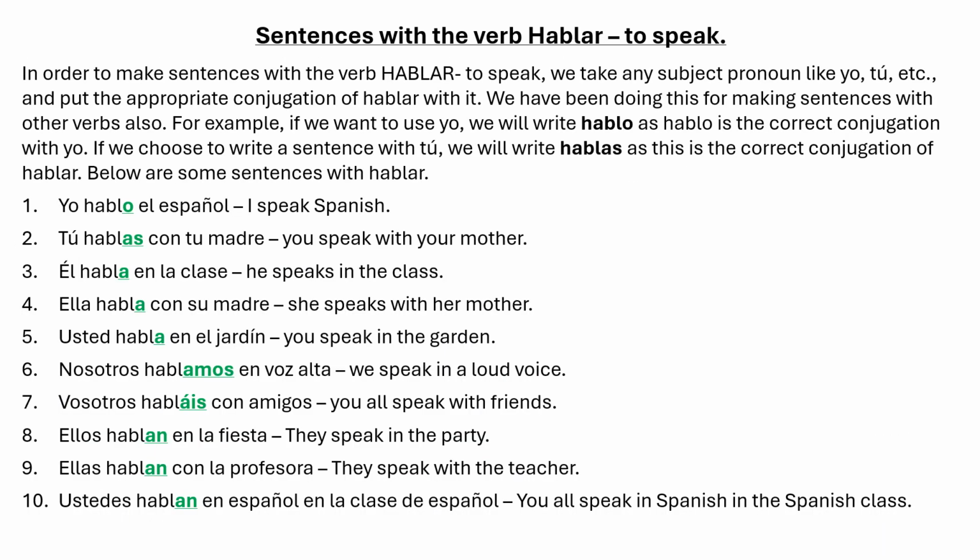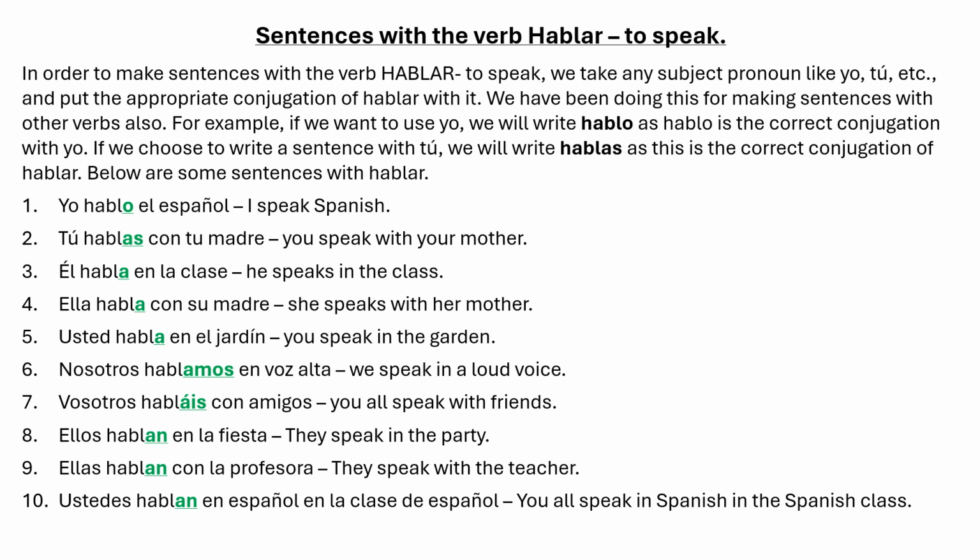Now here I have written some sentences with the verb hablar, which means to speak. So let's see what you need to do. In order to make sentences with the verb hablar, to speak, we take any subject pronoun like yo, tú, etc. and put the appropriate conjugation of hablar with it.